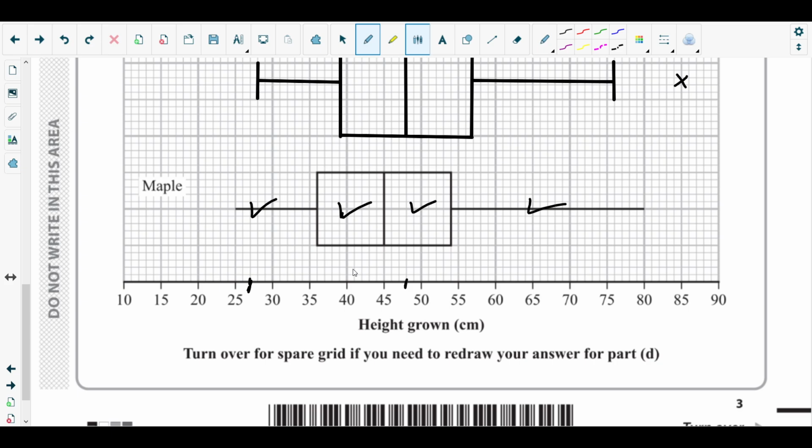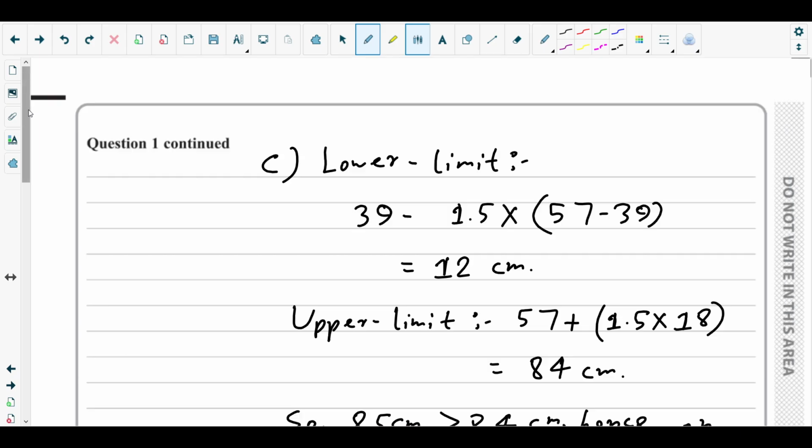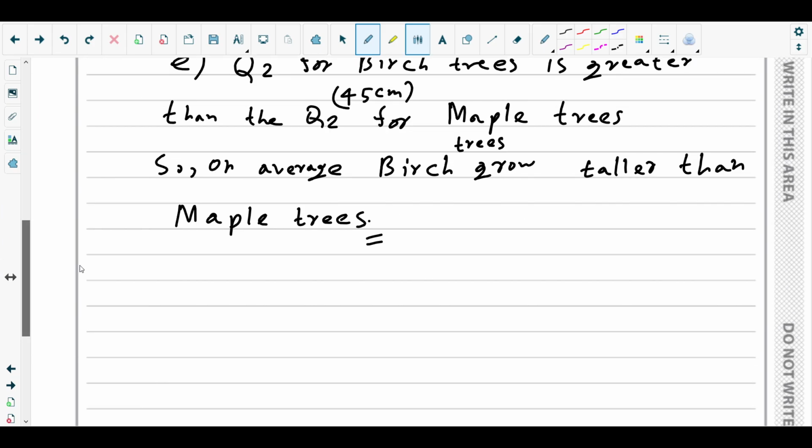Okay, so let's consider the second one. So that means the second one is A. For part F we need to show the workings. What we can say is A should be greater than Q1 and less than what? Q2. So what's the Q1? Q1 is basically 39, right?